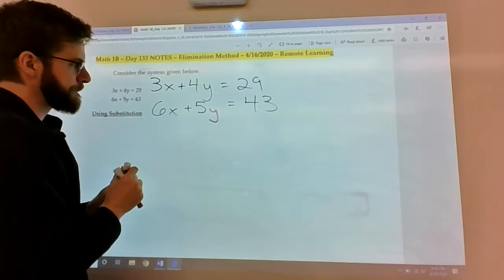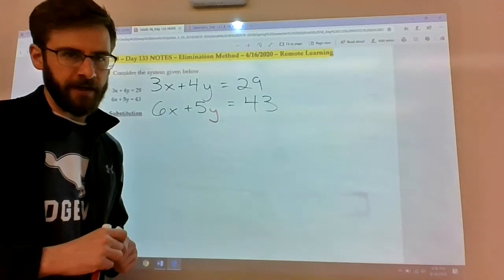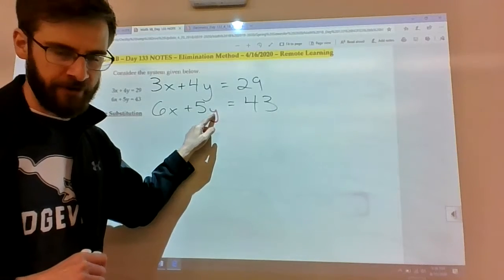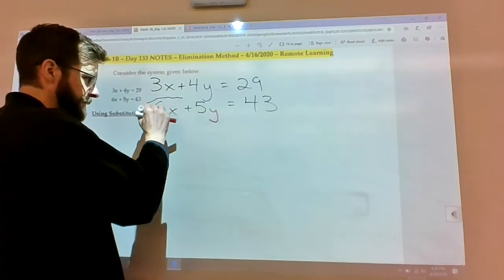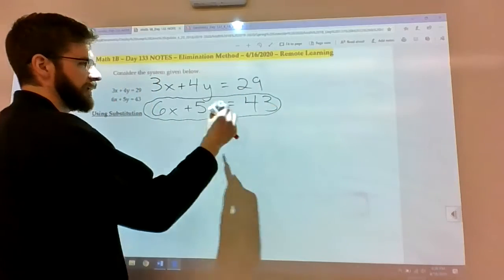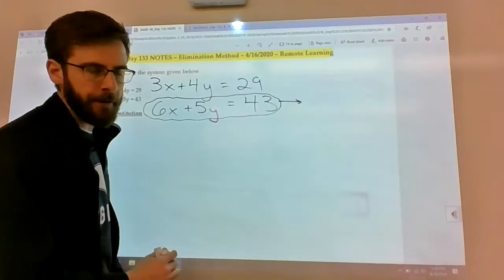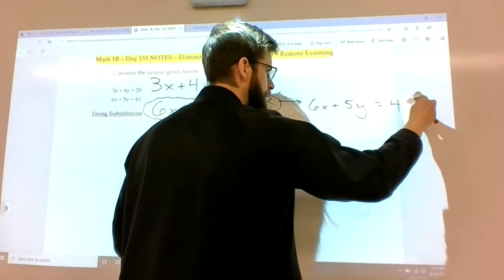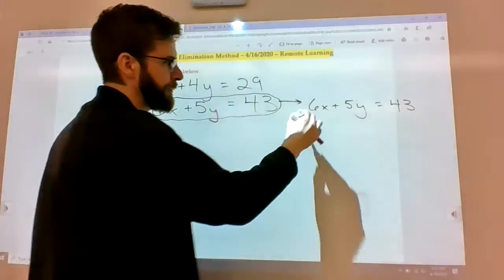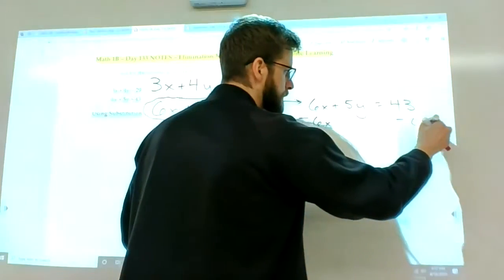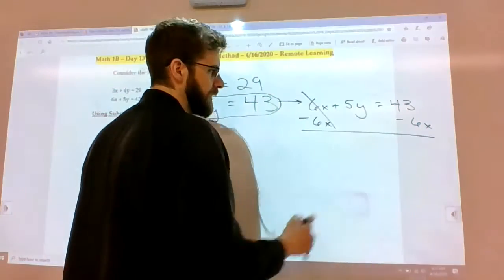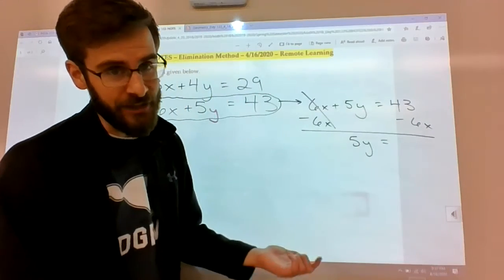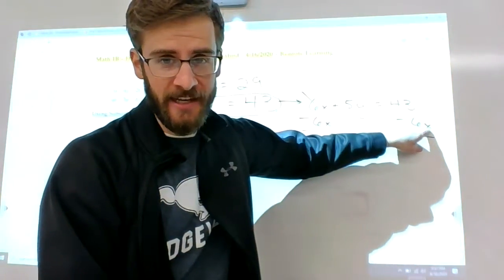So step 1, I've identified the variable I want to get by itself. I'm using the second equation, and I'm honing in on the y variable. So I'm going to solve for y. We subtract 6x from both sides, leaving you with 5y is equal to 43 minus 6, that is 37, but not if there's an x connected here.